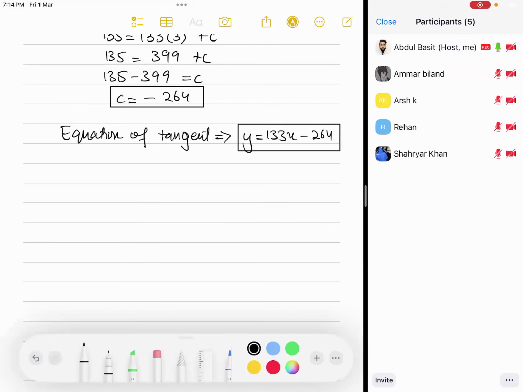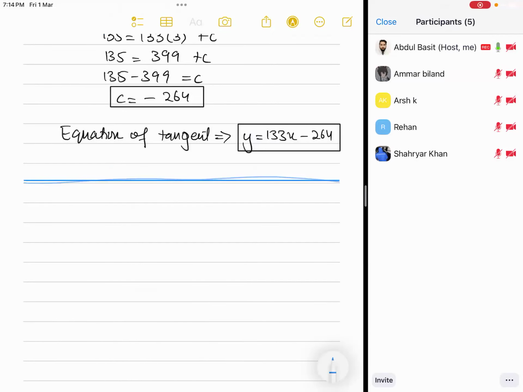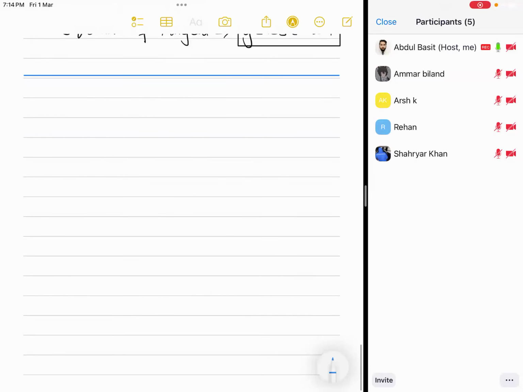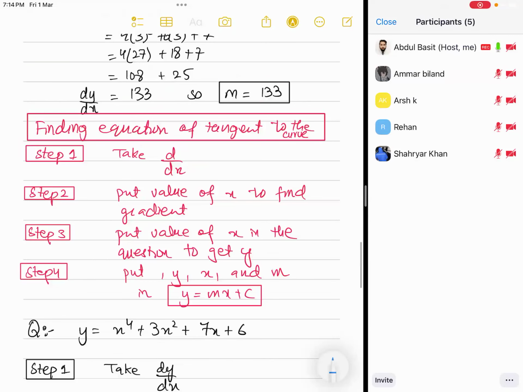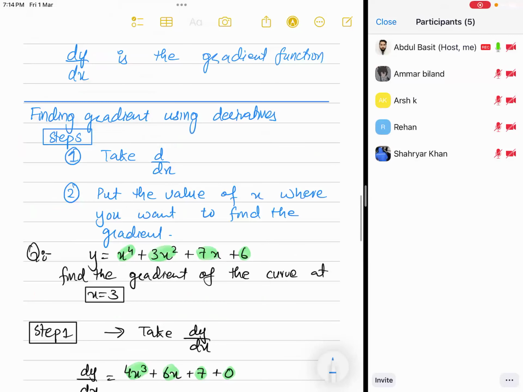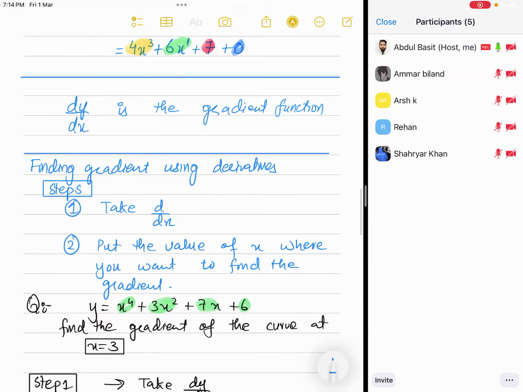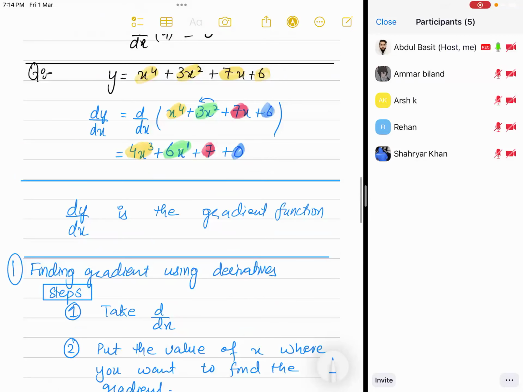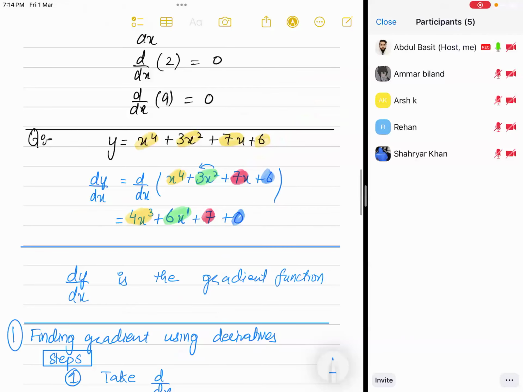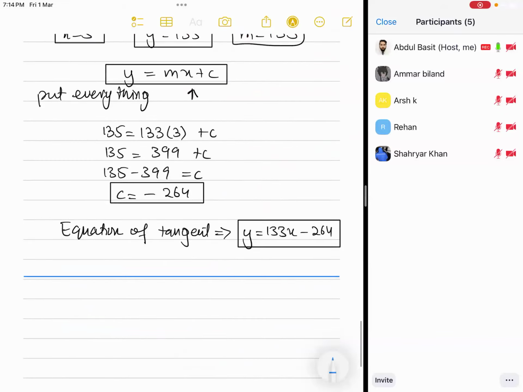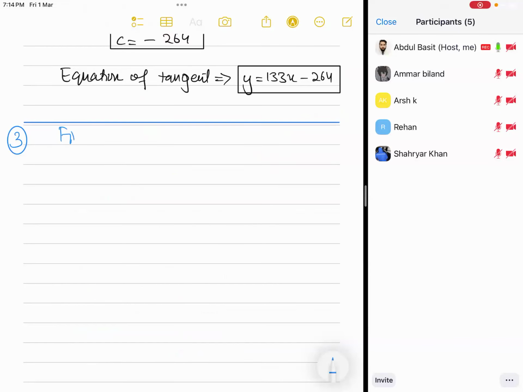The third concept we need to study here, because straight away I'm going to the past papers then. That is the second most important concept we studied, and the first one was knowing the derivative and the rules of the derivative, that was also important. Now we have to study finding turning points. There are steps.